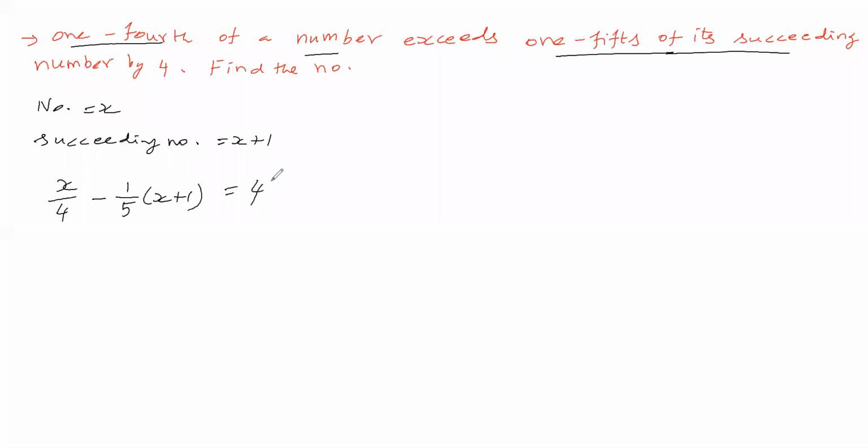So now let us multiply both sides by 20. Therefore it will become 5x minus 4 into x plus 1 equal to 80. Next we will simplify this: 5x minus 4x minus 4 is equal to 80. 5x minus 4x is equal to x.